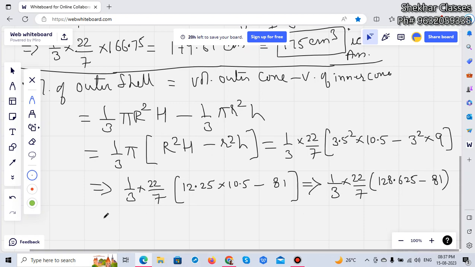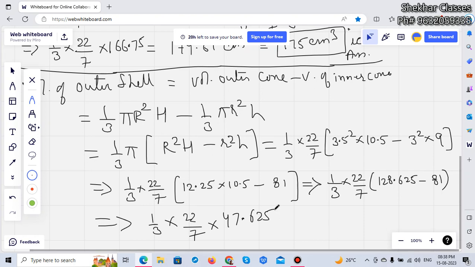So we get here 1 upon 3 into 22 upon 7 into 47.625.